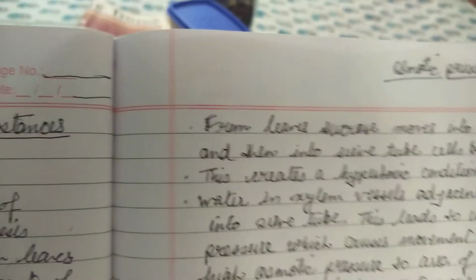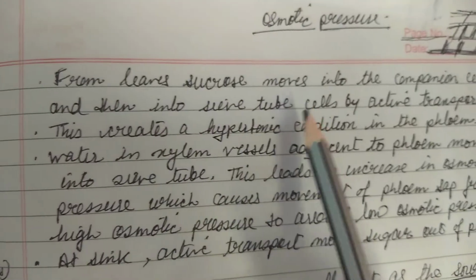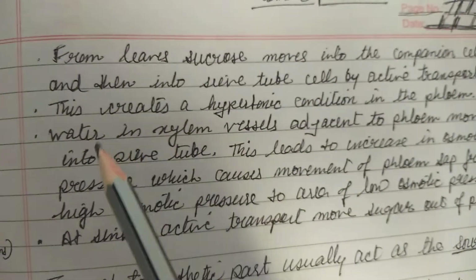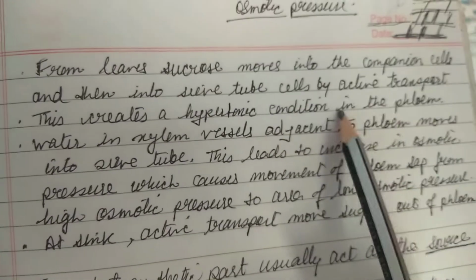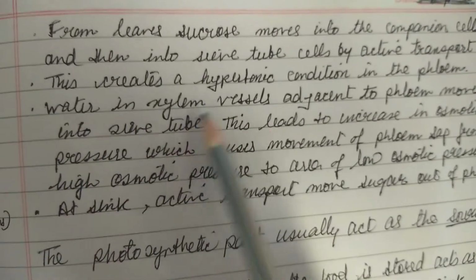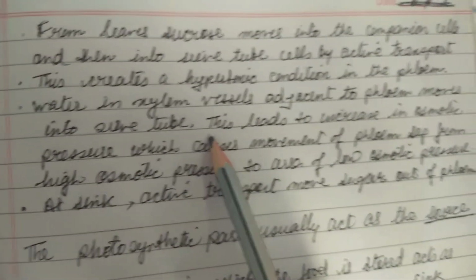Right? So we'll just do a quick recap of this. From the leaf, sucrose moves into the companion cells and then into sieve tube cells by active transport. Clear? This creates a hypertonic condition in the phloem, right? And the water in the xylem vessel, which is adjacent to the phloem, moves into the sieve tube, right?